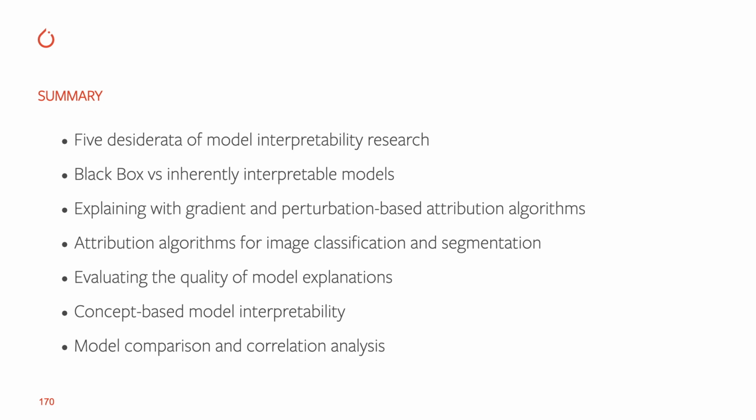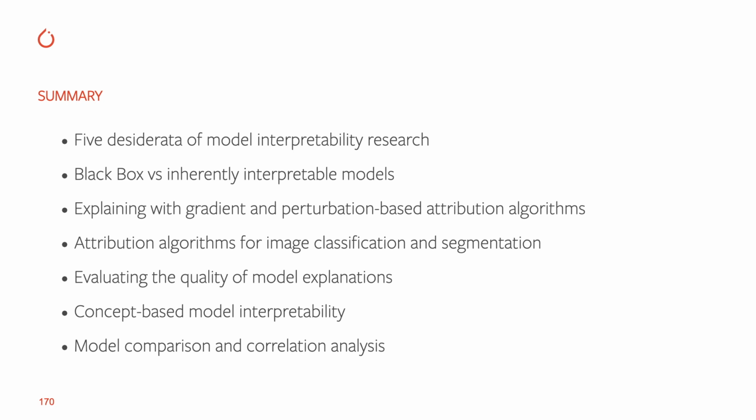After going over the theoretical analysis of explanation techniques, we moved to practical applications and showed how we can apply different types of attribution algorithms from the Captum library to our classification and segmentation models.